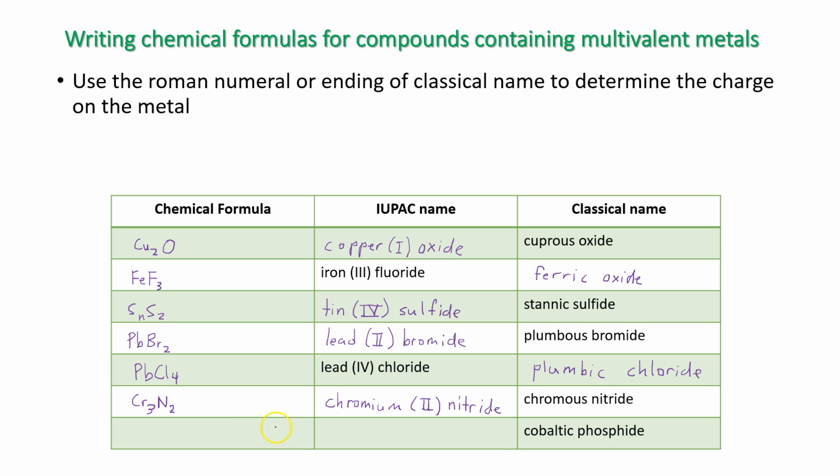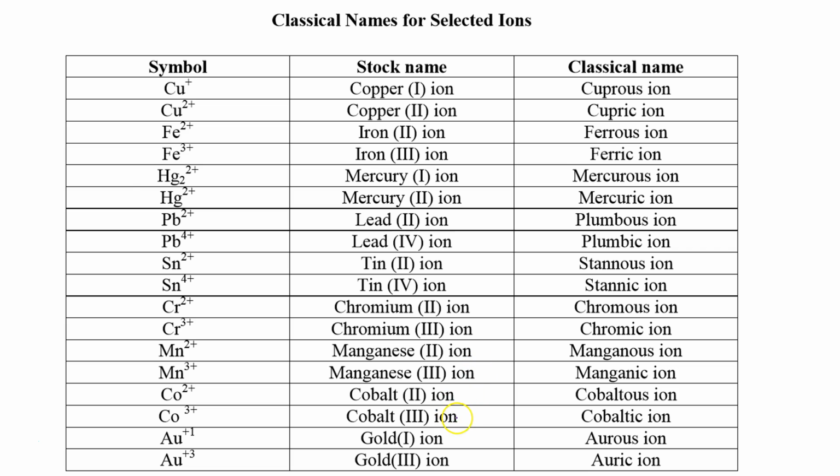Now going on to the last one, we have cobaltic phosphide. This is cobalt, so there's cobaltous and there's cobaltic. Let's check what the charge would be: the cobalt 2 ion is cobaltous and the cobalt 3 ion is cobaltic.